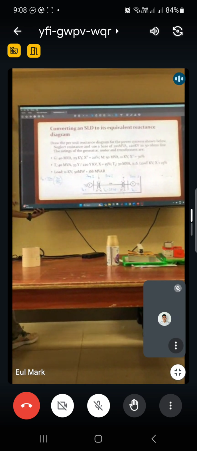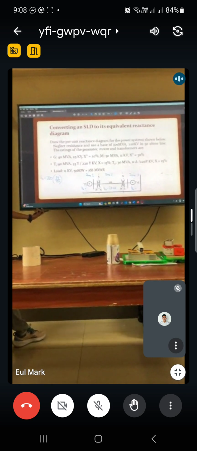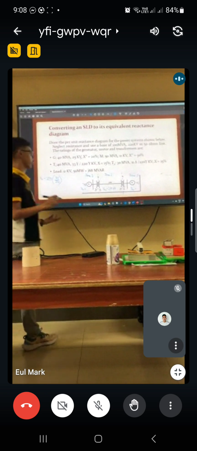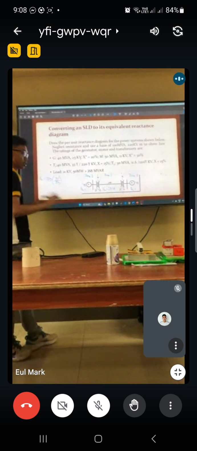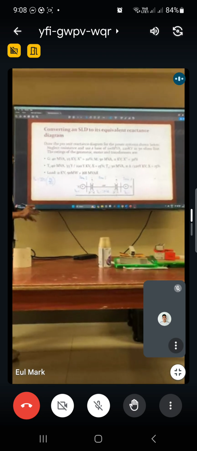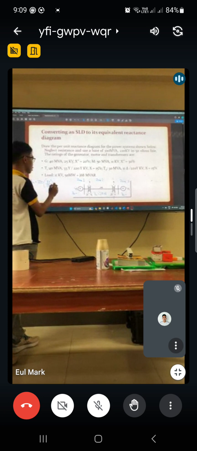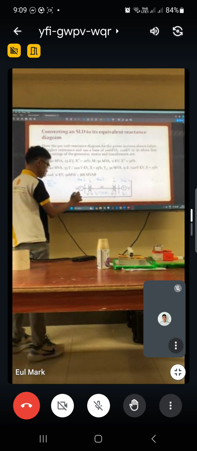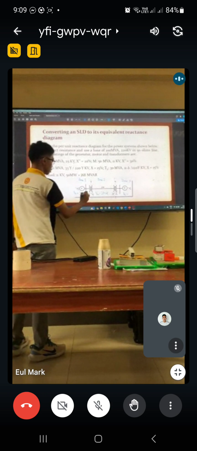Would it make sense to use 220 times 220 over 33? No. That is 220 squared over 33, a very large voltage. That would not make sense, so be careful with transforming the voltage. VB1 is equal to 33 kilovolts.